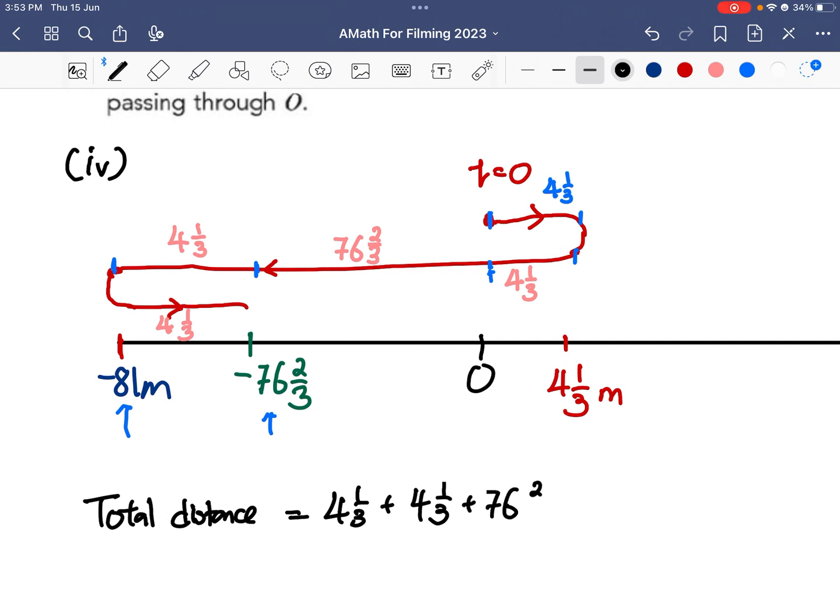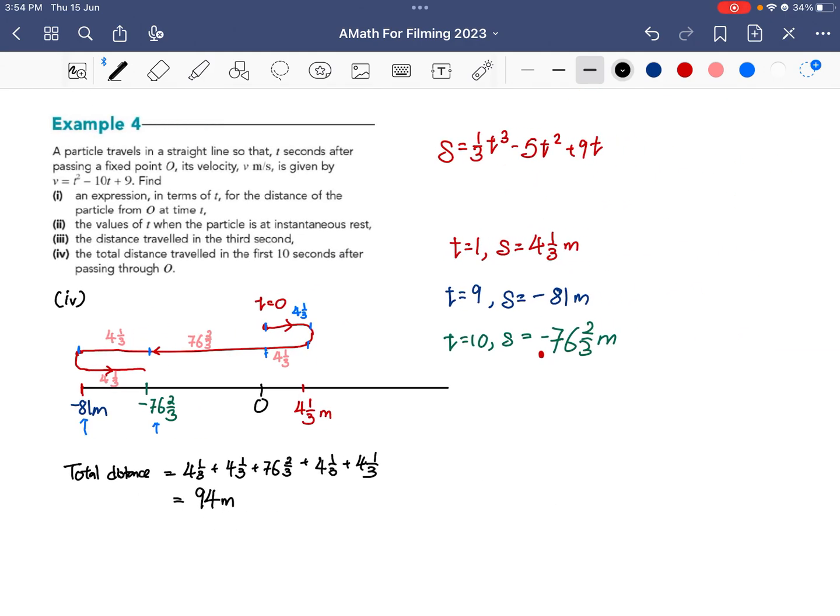So I've used these two already. Then plus the 76 and 2/3 plus the next 4 and 1/3 plus the next 4 and 1/3. So if everything works out, what I'll get is the total distance traveled is 94 meters.